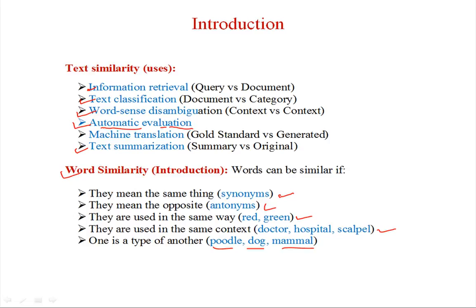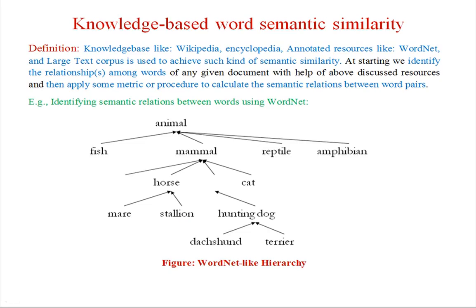Now the issue is how to calculate the semantic similarity. The best known technique uses a knowledge base. This is a highly used technique, but based on some human-developed knowledge base, like Wikipedia, annotated resources like WordNet, and large text corpora.